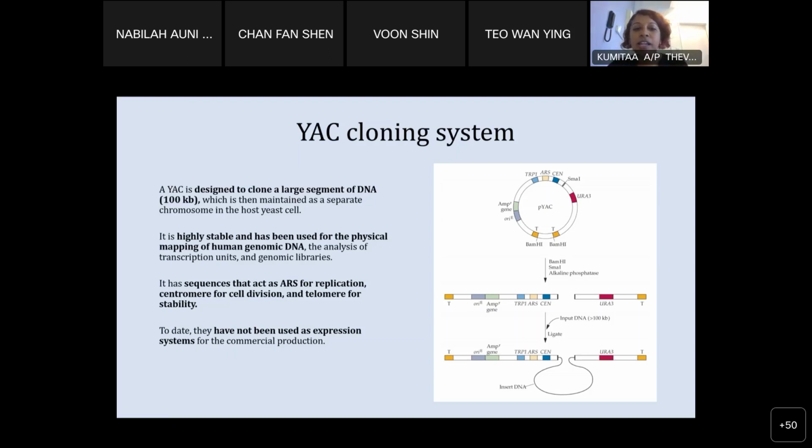But what is interesting is that they have not been used as an expression system for commercial production. So again, even though there are definitely lots of advantages and benefits to YAC in comparison to YIP, YAP and YCP, it hasn't been used as an expression system and has been used mainly to study different physical genomic units.